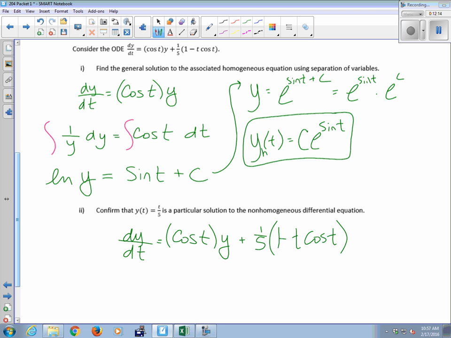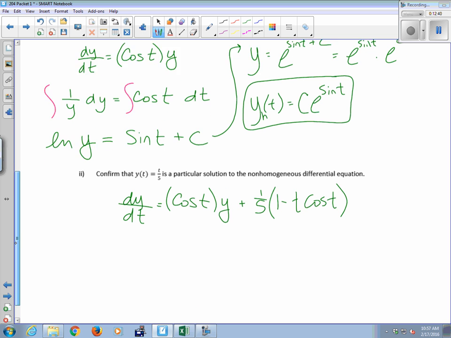So I have to guess a solution. I haven't told you how to do the guessing yet. So at this point, I'm going to tell you a solution, and we're going to confirm that it actually is a solution. This is good practice because there definitely will be a question on your first test where you have to just show that something is a solution to a differential equation.